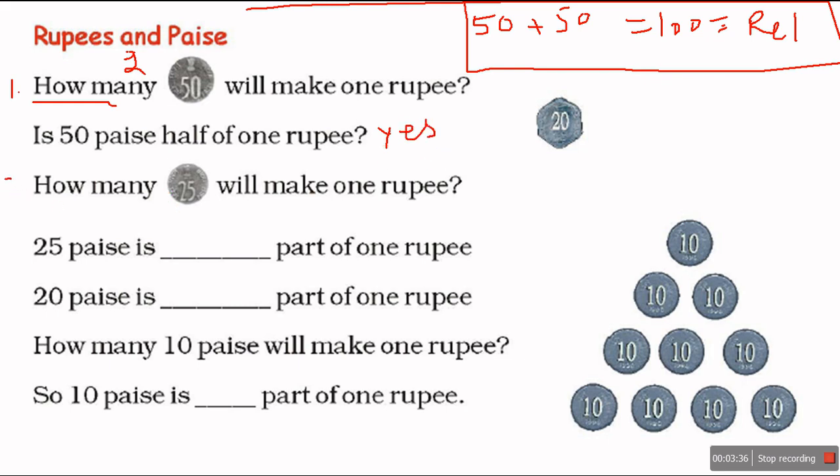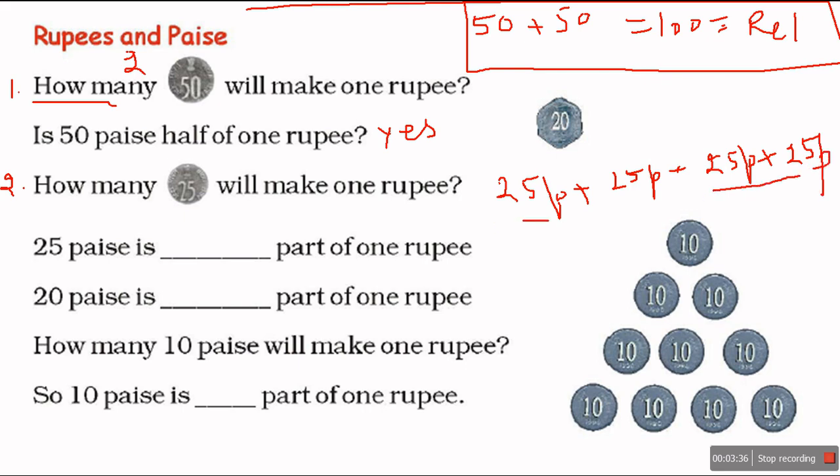Question number 2: how many 25 paisa will make 1 rupee? So I told you 25 paisa plus 25 paisa plus 25 paisa plus 25 paisa. 50 paisa plus 50 paisa.